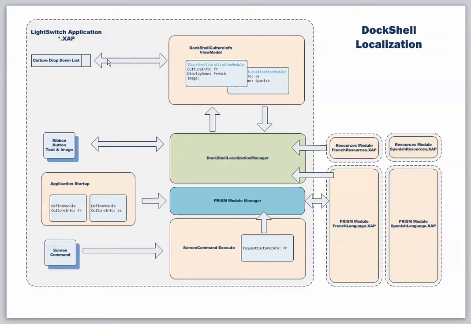This drop-down list is bound to each one of these iDockShell localization module instances that are hosted in an observable collection within this view model. It is actually this module, when it's requested to load, that creates one of these objects inside our DockShell Cultural Info View Model.